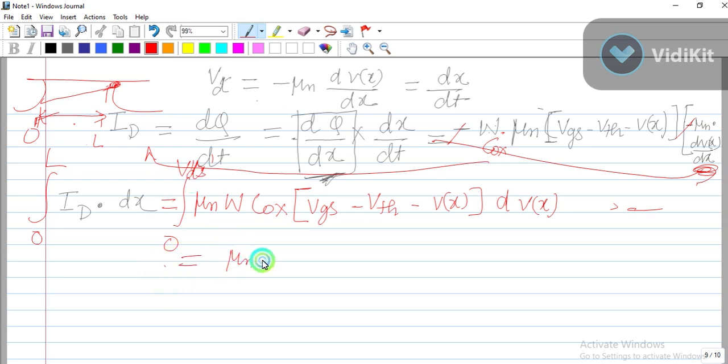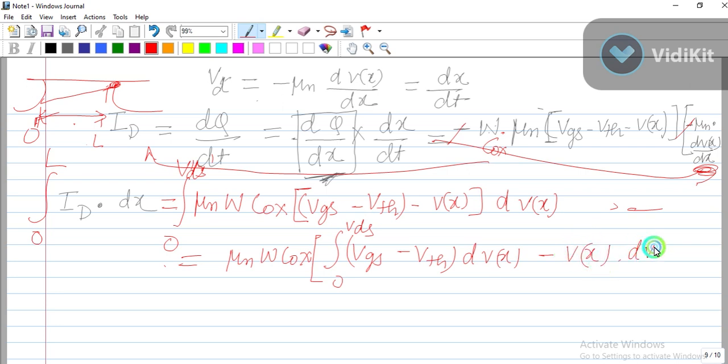So it will be mu n W Cox, then VGS minus VTH, dVx integrated from 0 to VDS, and then minus Vx dVx, integrated from 0 to VDS, and here it will become Id times L, right?